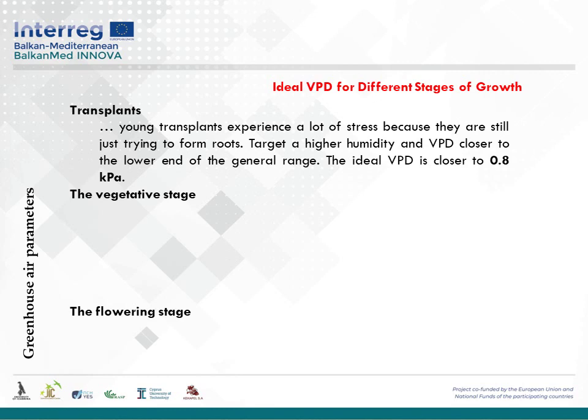Because of that, you have to target a higher humidity and a VPD closer to the lower end of the general range we showed in the previous graph. The ideal VPD at such a stage of plant growth is close to 0.8 kilopascals.